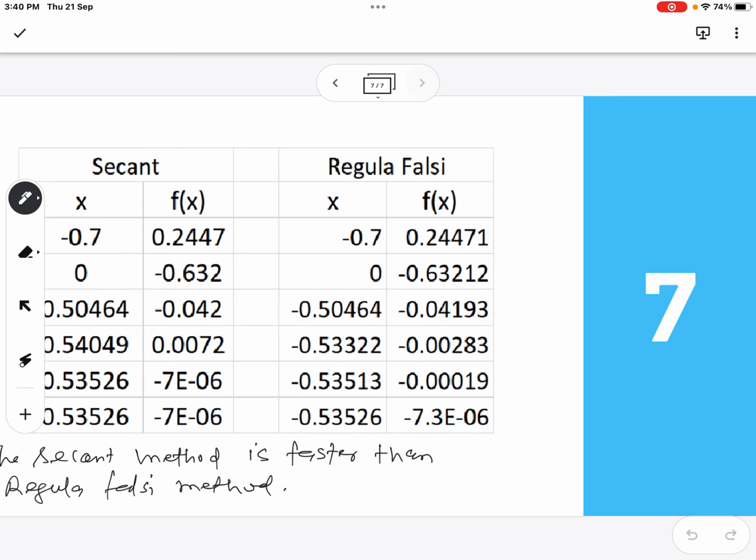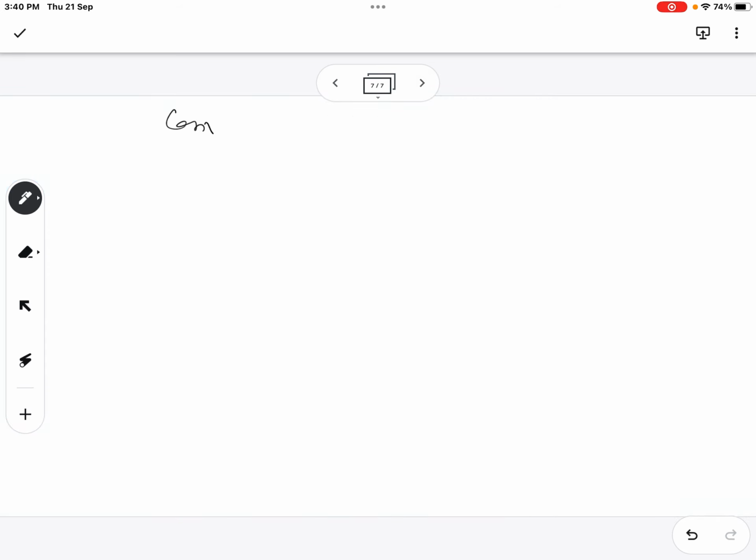The convergence in the regula falsi method is linear.